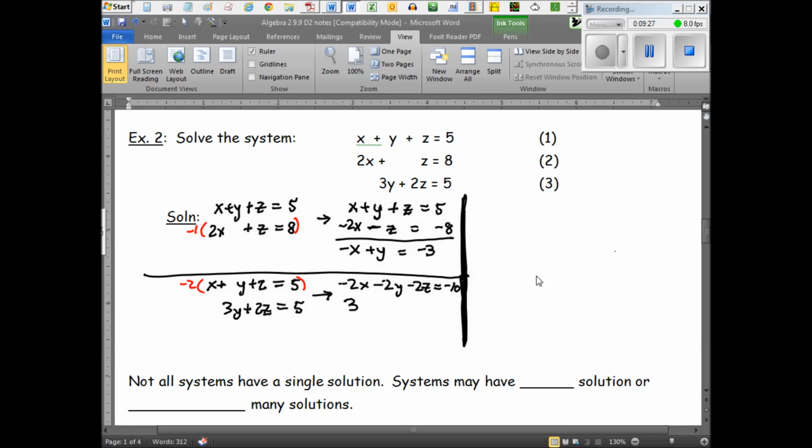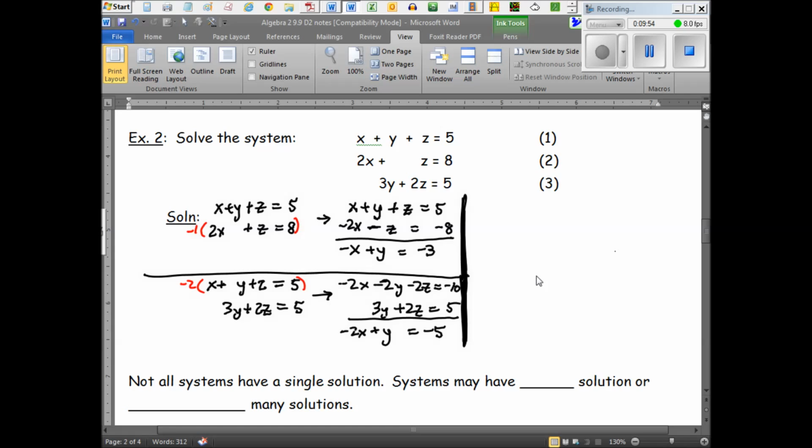And then we have, let's line this up properly, 3y plus 2z equals 5. Add this together. So we end up with negative 2x plus y. The z's cancel out, and we get negative 5.